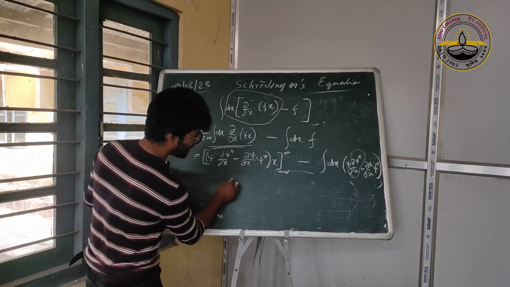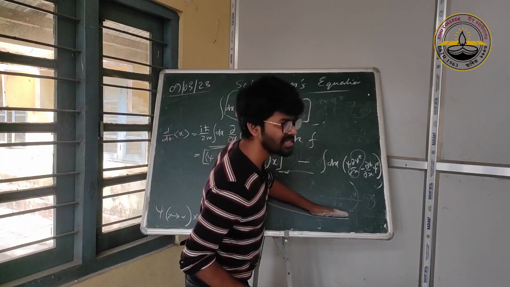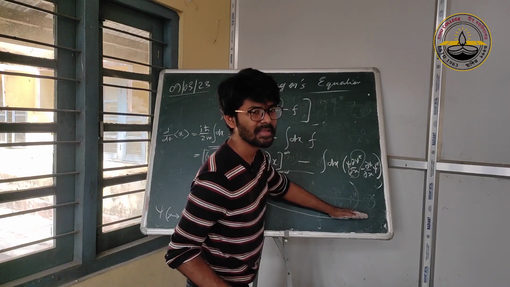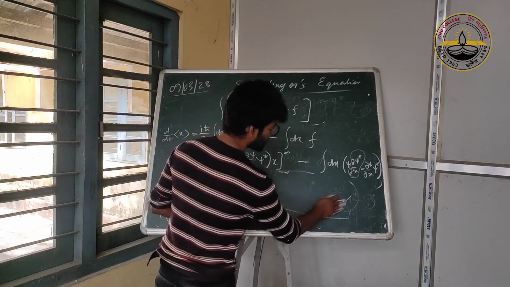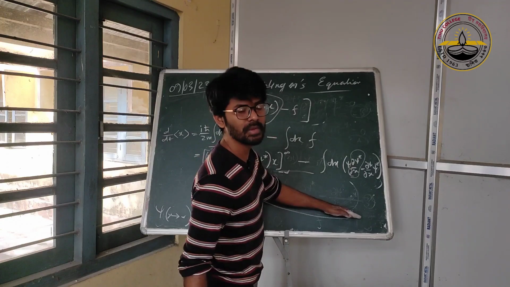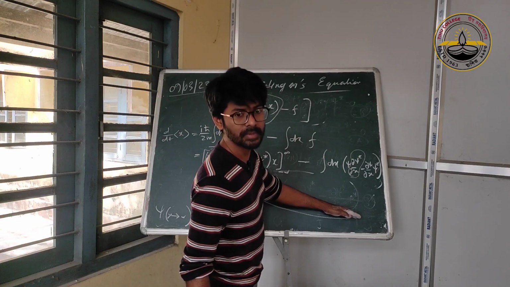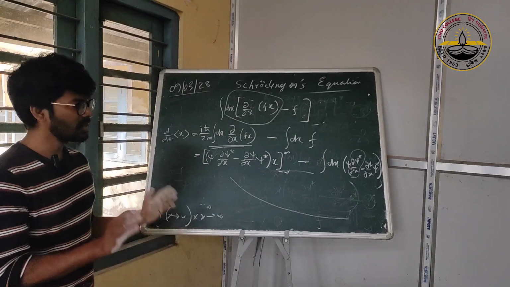You will see the condition that this must also go faster to 0. I mean, your psi, if it wants to go to 0, then it must have a decreasing slope, right? It cannot be upward. Then how can it go to infinity? And so your del psi del x once again is also going to 0. So together they will kill the x there, and they will go to 0.